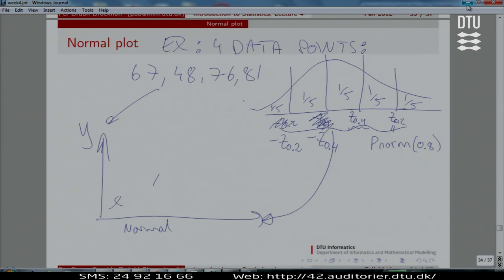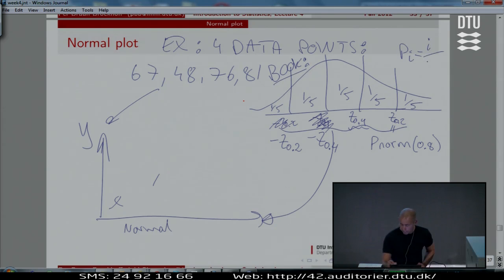The book definition corresponds to a choice where, as the individual probabilities, if we want to be general here, I divided by n plus 1. N is 4, so n plus 1 is 5, so it's 1 out of 5, 2 out of 5, 3 out of 5, 4 out of 5, right? These are the 4 quantiles we should look at.